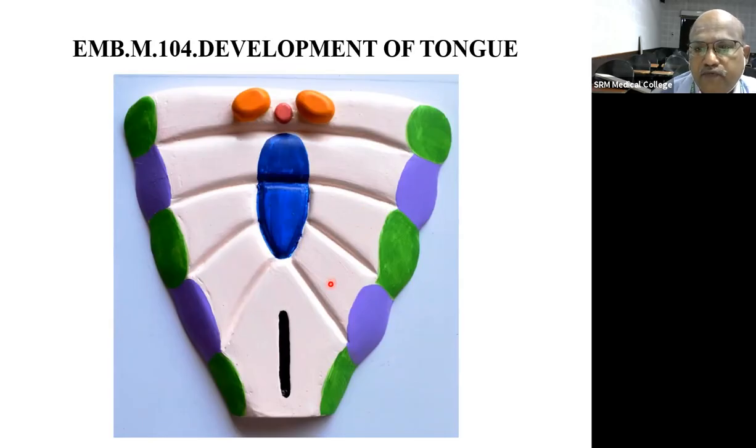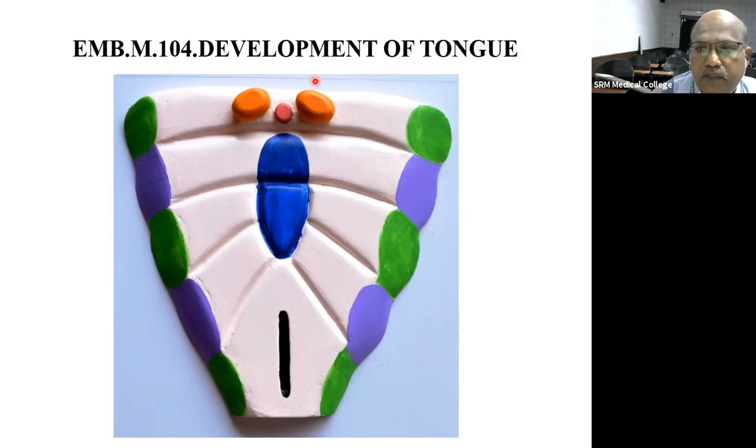The cranial part of the hypobranchial eminence forms the mucous membrane of posterior one-third of the tongue. The cranial part is mainly contributed from the third arch, and the nerve of third arch is glossopharyngeal nerve. That's why the mucous membrane of posterior one-third of the tongue is supplied by glossopharyngeal nerve.